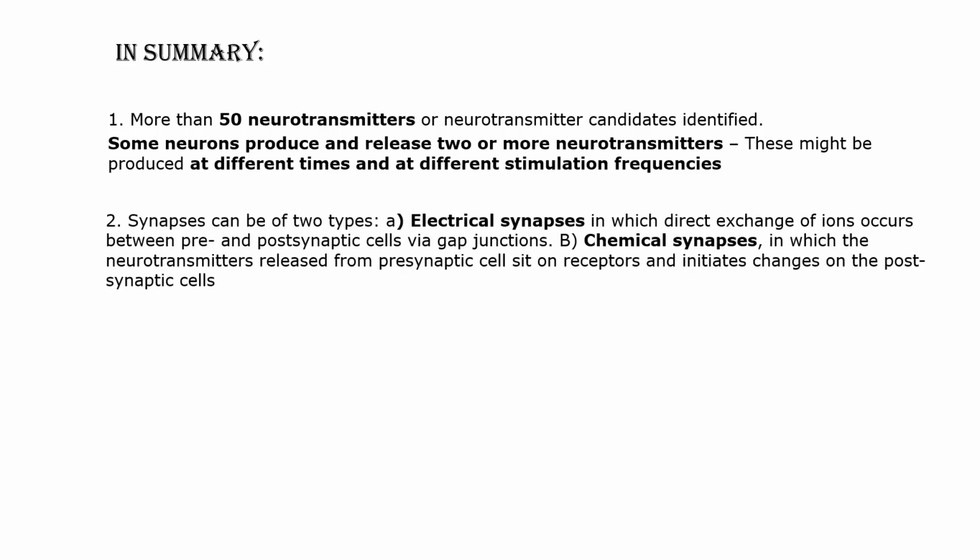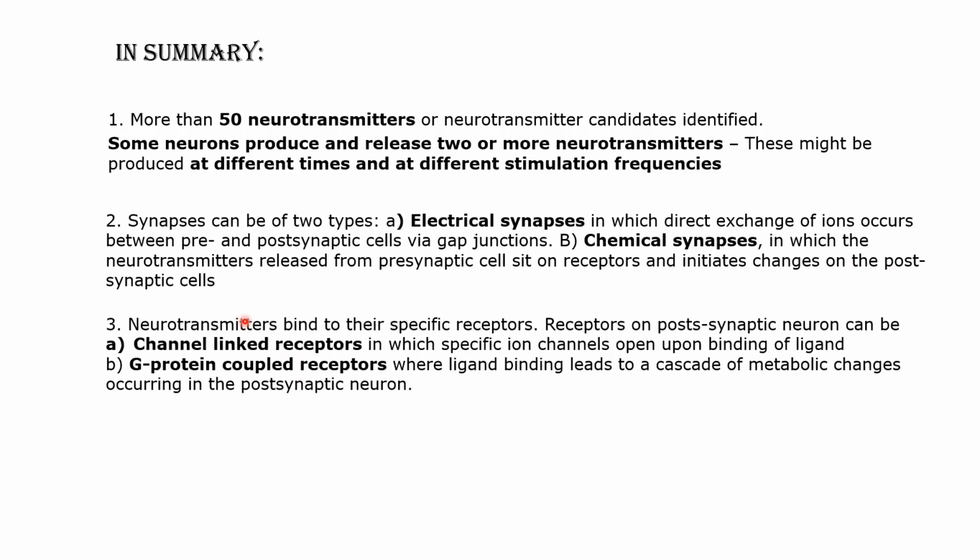The synapses can be of two types. They can be electrical synapses, which allow direct exchange of ions between the pre and the postsynaptic cells via gap junctions, or chemical synapses, in which the neurotransmitters are released from the presynaptic cell, and these neurotransmitters sit on their respective receptor and initiate changes in the postsynaptic cell.